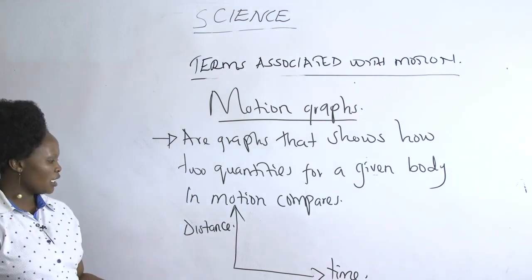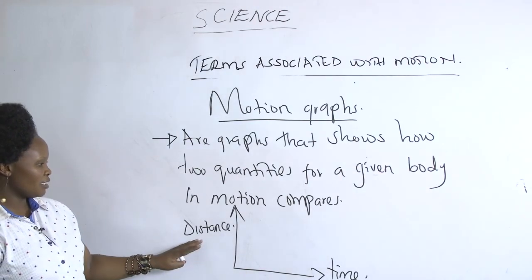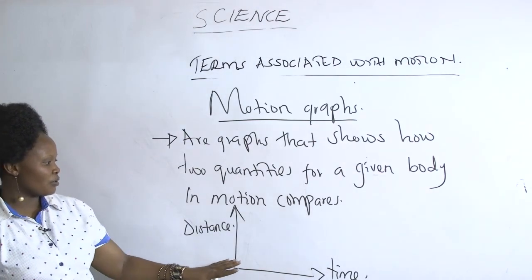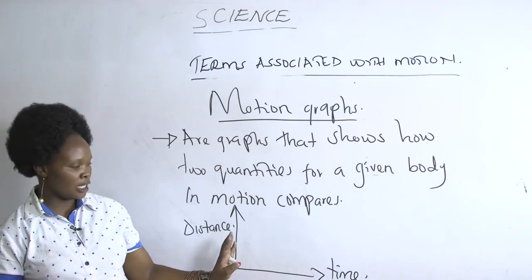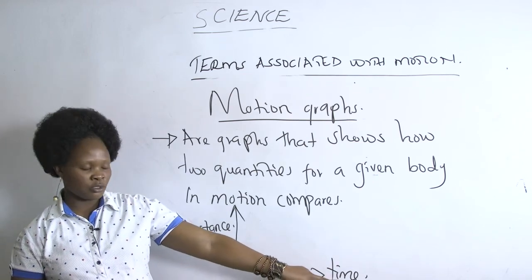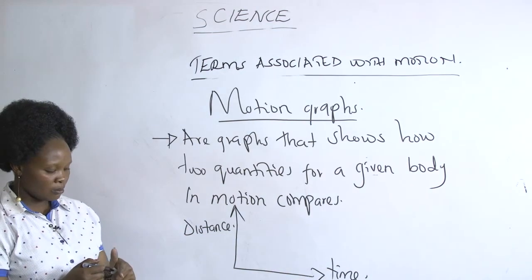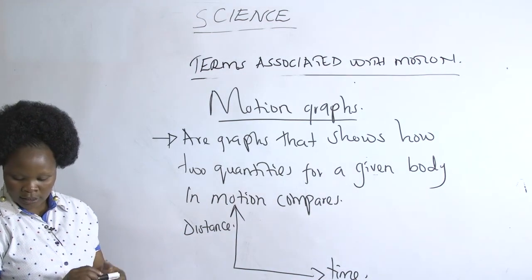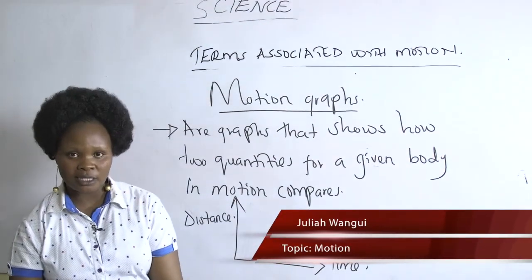Then you would like to find out how distance will respond to a few factors that you are considering about a body in motion as time goes by. We shall try and draw different kinds of them and even go ahead and interpret them in our next lesson.